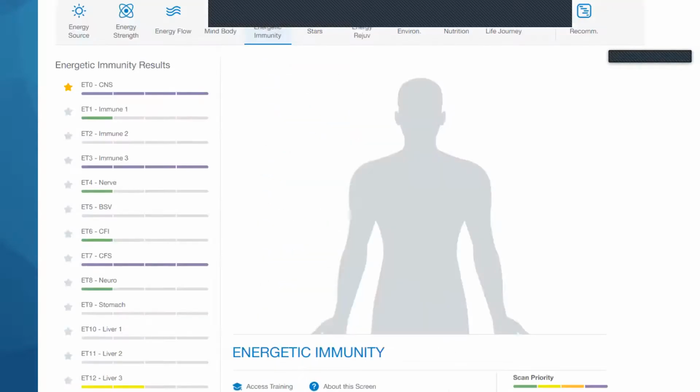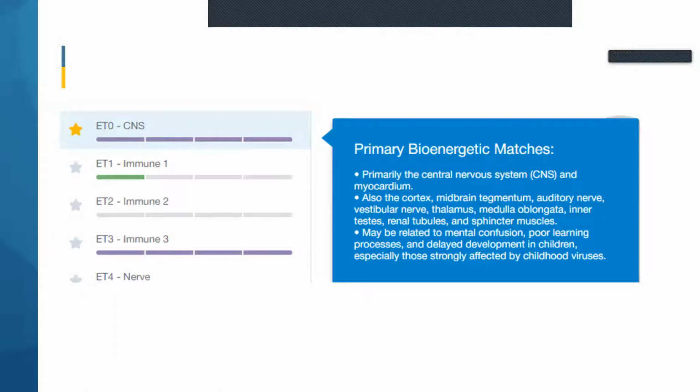Okay. I didn't actually show the negative emotions on here because there weren't any priorities, which is always interesting. So let's have a look at the terrains. So we've got central nervous system, immunity 3, and 87 chronic fatigue. So I've starred ET0, central nervous system.